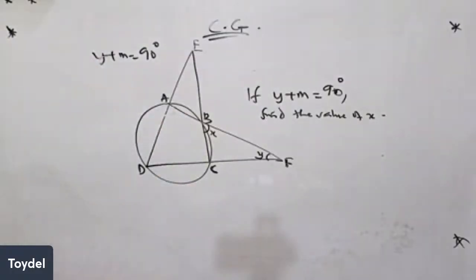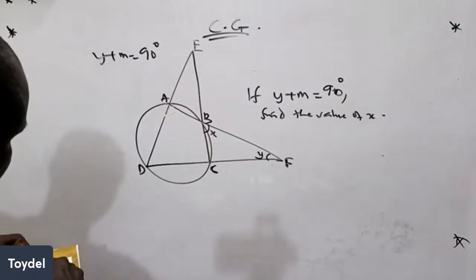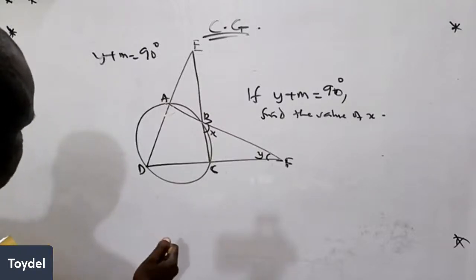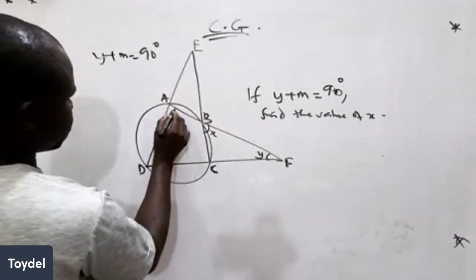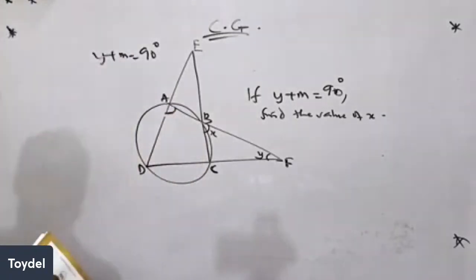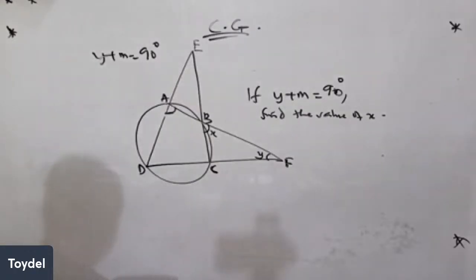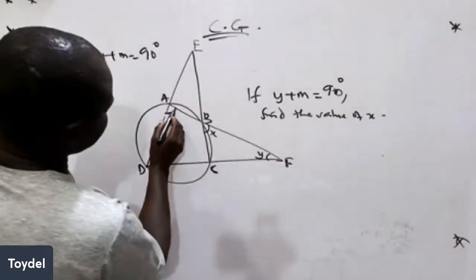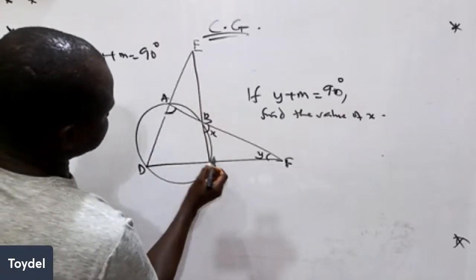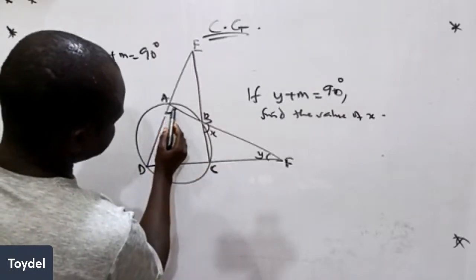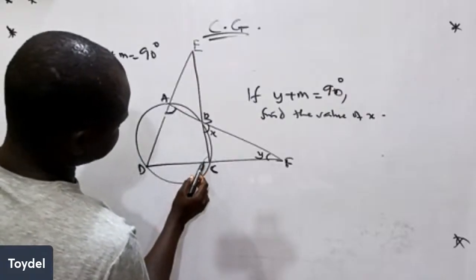The angle here is the same thing. The angle here can be equal to the angle here. The extension here can be equal to what we have here.